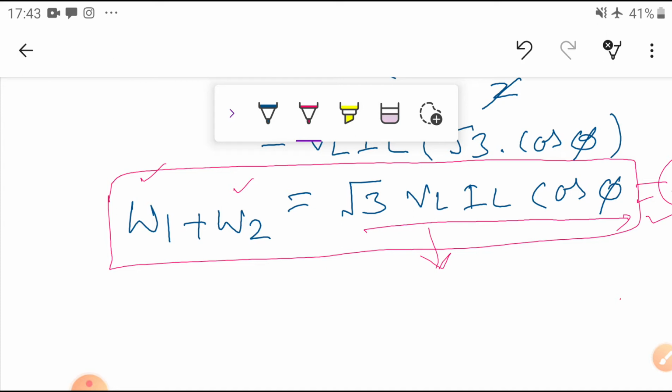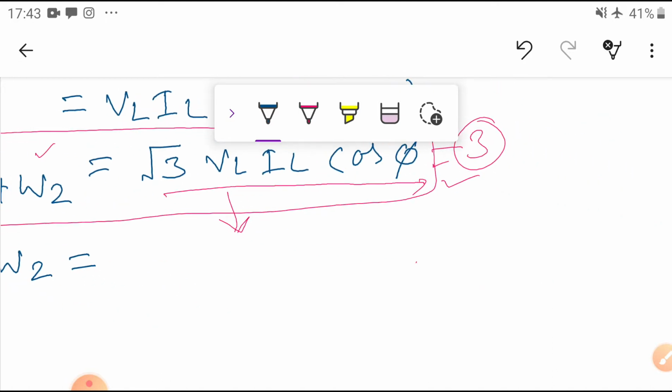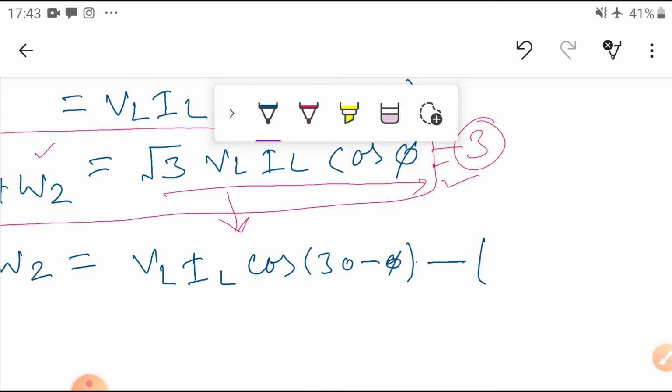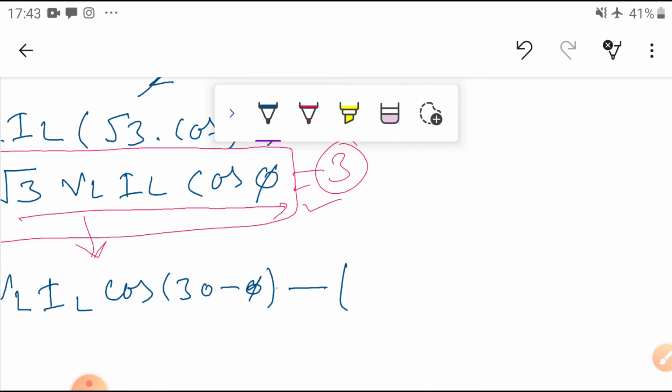So W1 minus W2. Okay, so the same equation I can write. What is that one? So VL IL cos(30 - 5) minus, I have taken here, VL IL cos(30 + 5).